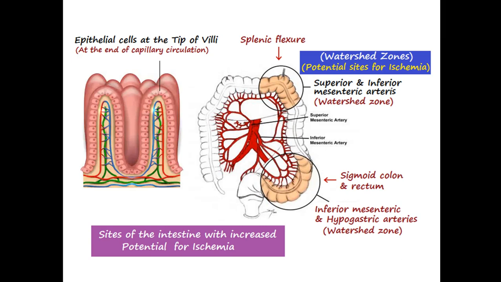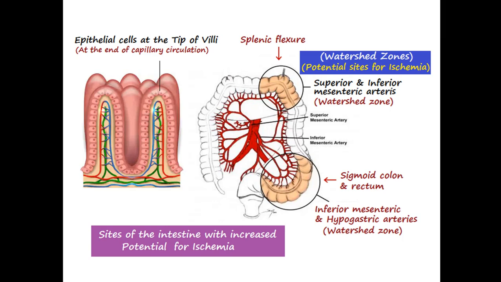The anatomy of the intestine plays an important role in ischemic bowel disease. We know that the intestinal crypts have glands in their lower portions where the stem cells are also present, and they are very important to generate new cells which are continually shed from the surface layers.